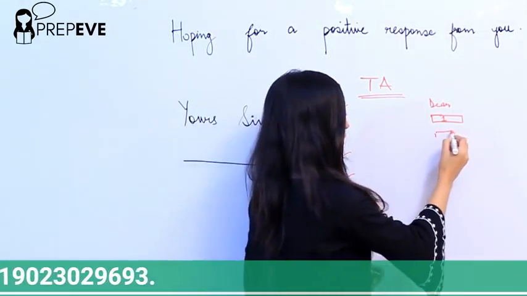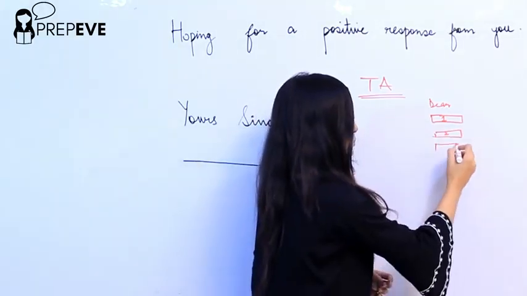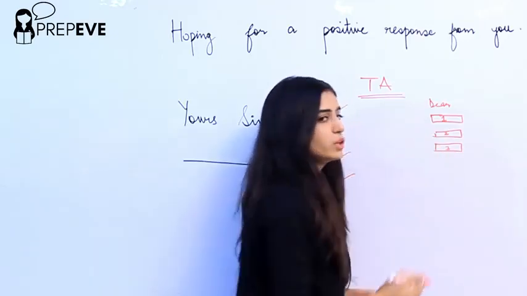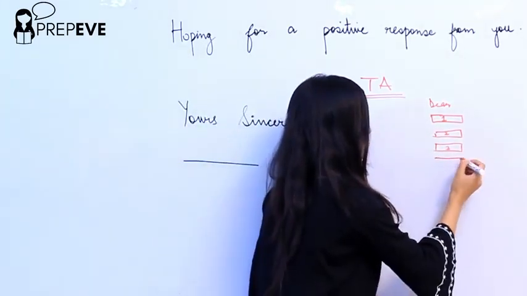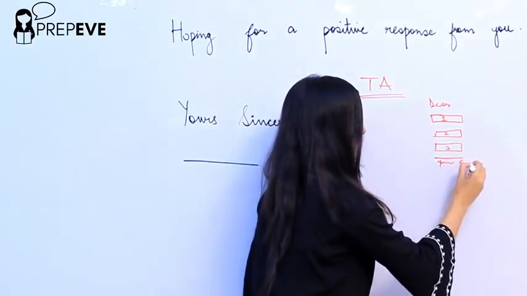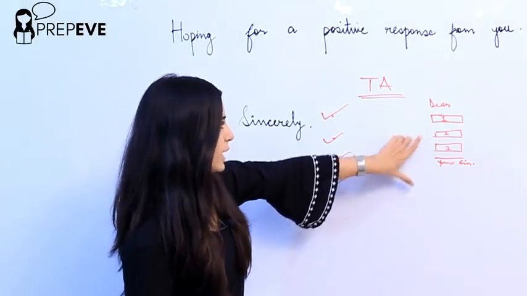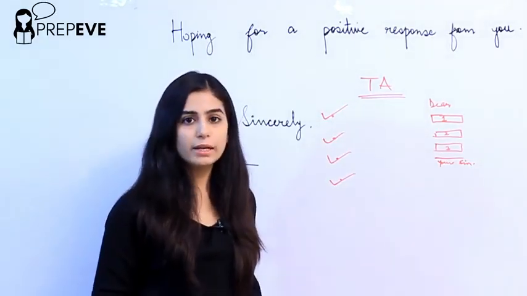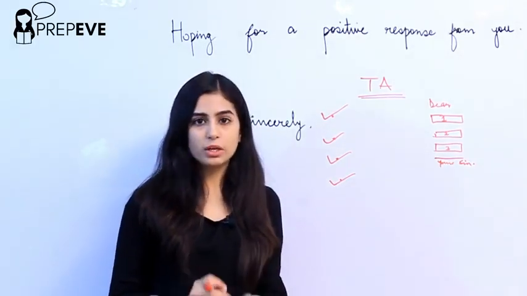Then we come to the second paragraph, which consists of the second bullet point, and then we come to the third paragraph, which consists of the third bullet point. And ultimately we ended with the closing line, or yours sincerely in this case, right? So this is what we do, and this is how you see that a structure is made on its own without putting any extra effort.